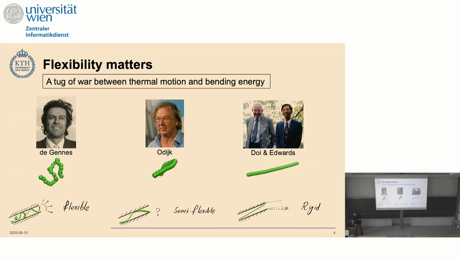The first thing that we knew is that the flexibility matters. When the rotation theory was developed, it was originally developed for flexible polymers. But thanks to Doi and Edwards, it was extended for rigid polymers, with high stiffness.